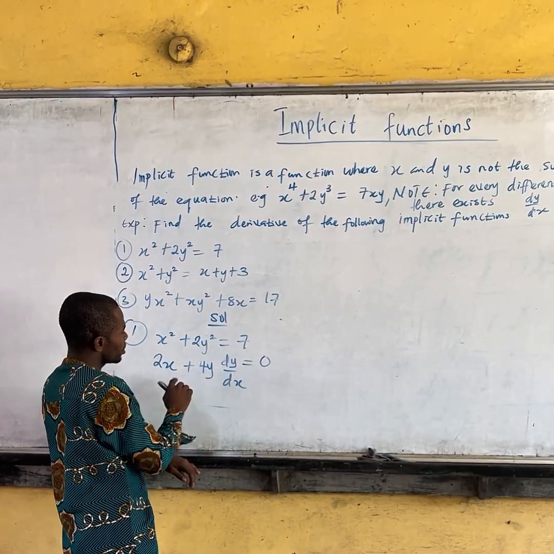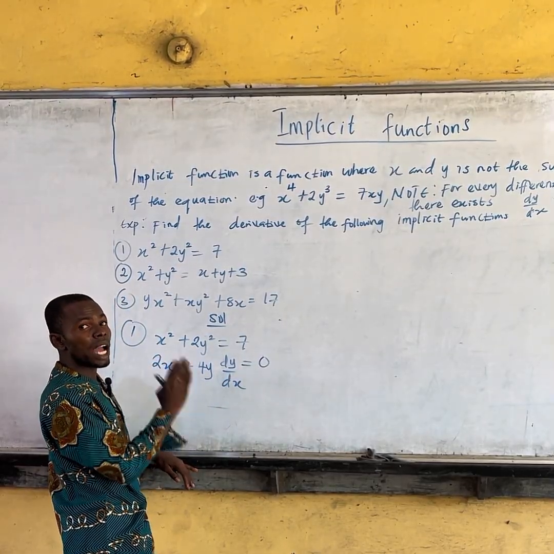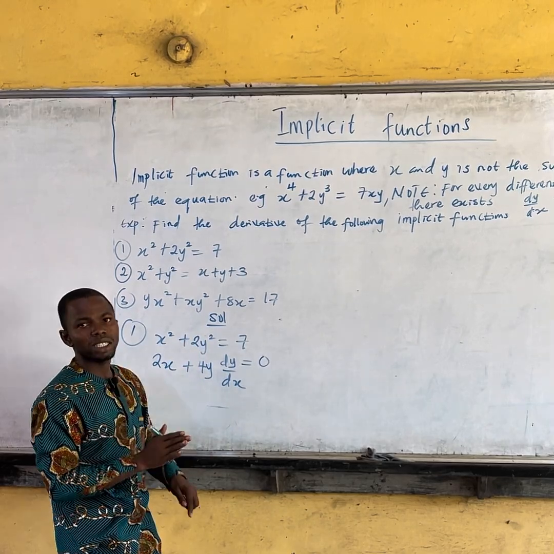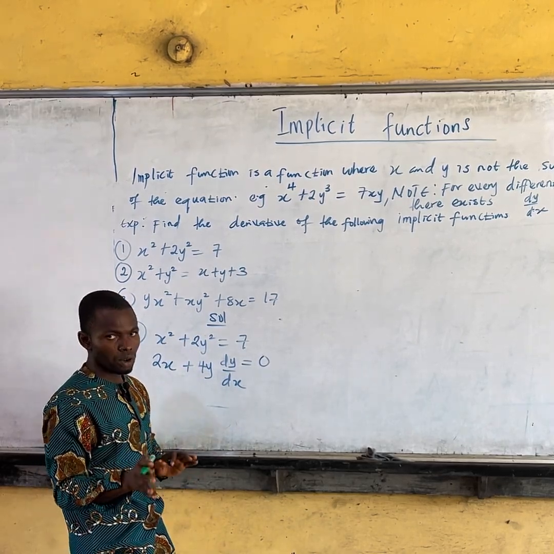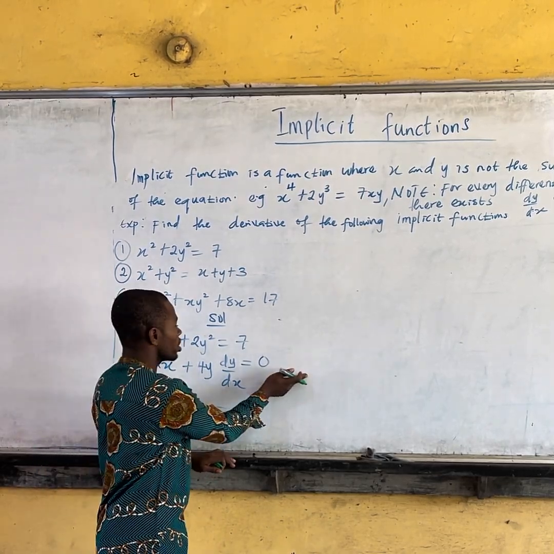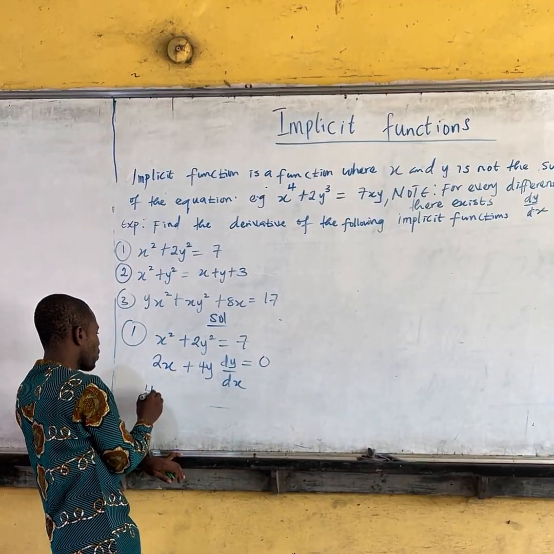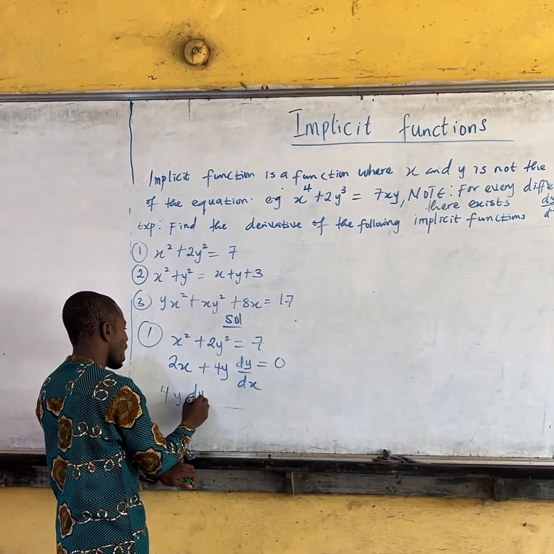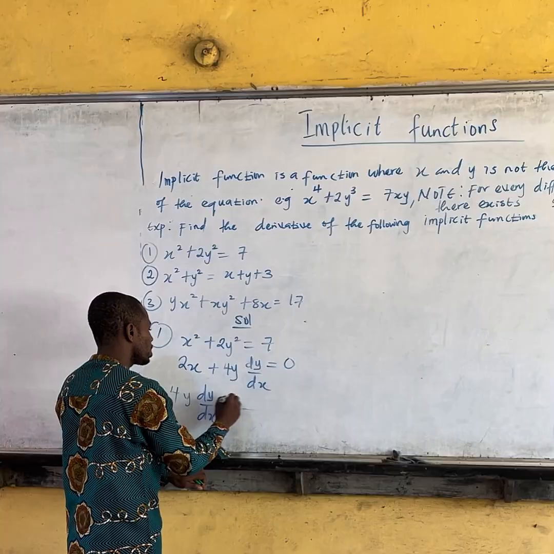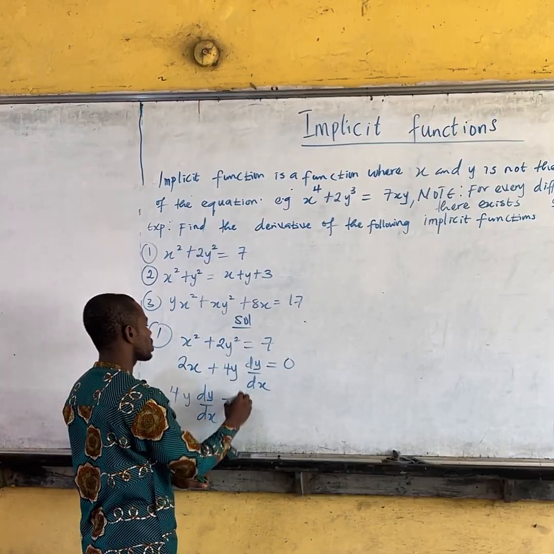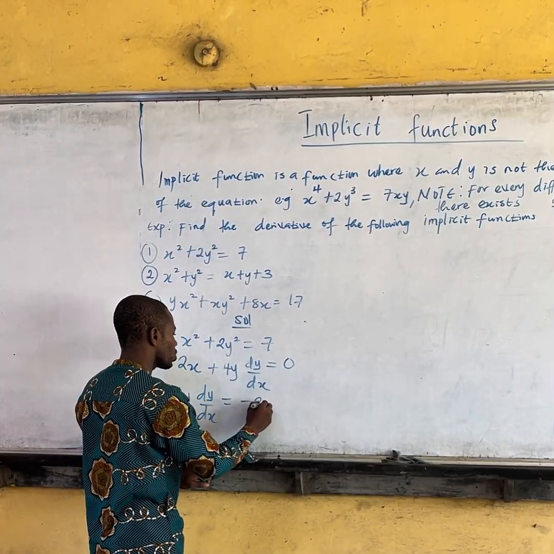My aim is that I'm working toward dy/dx. So I will make dy/dx the subject of the formula. So the 2x will cross to the other side. It will now be 4y dy over dx equal to, as 2x crosses, it becomes minus 2x.